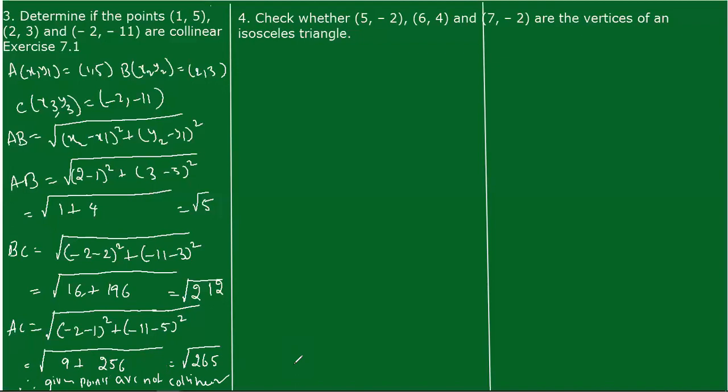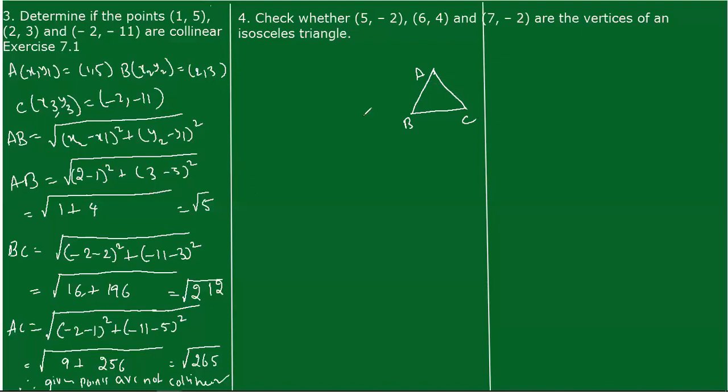Let's draw a rough diagram of a triangle ABC. We have three sides: AB, BC and AC. Any two sides must be equal in length, then it is an isosceles triangle.